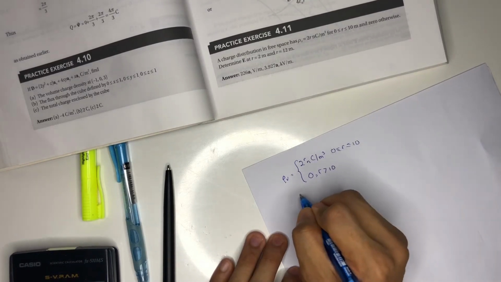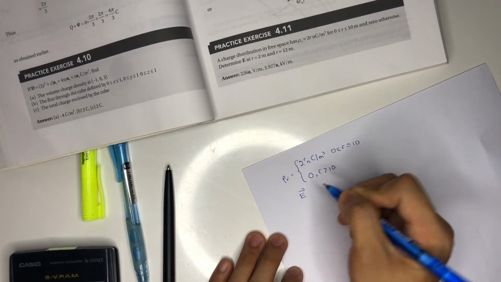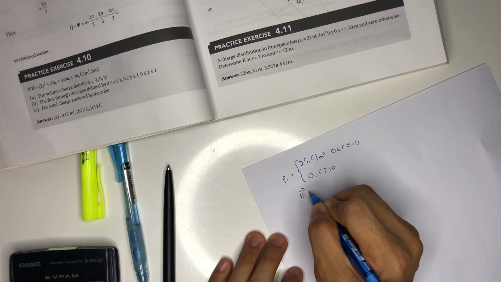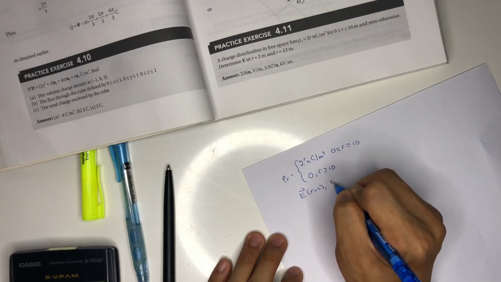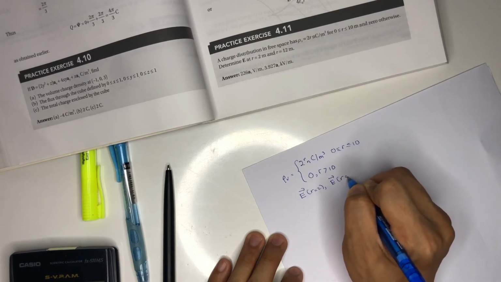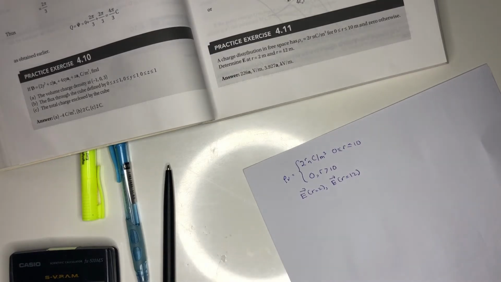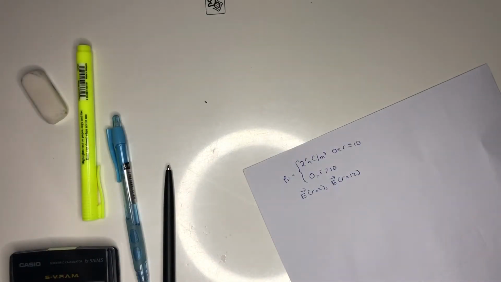Then the question wants us to find the vector E at r equals 2 and the vector E at r equals 12. So far so good? Now we put away the book and try to solve the question.